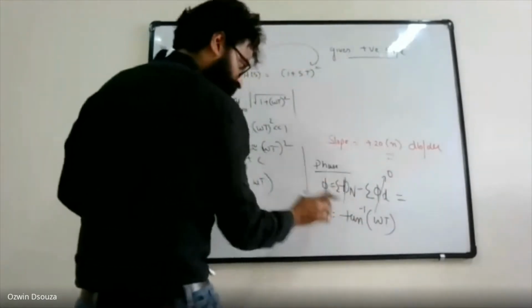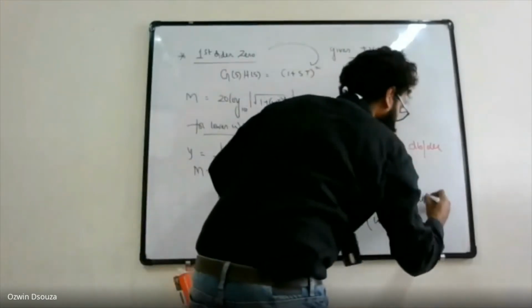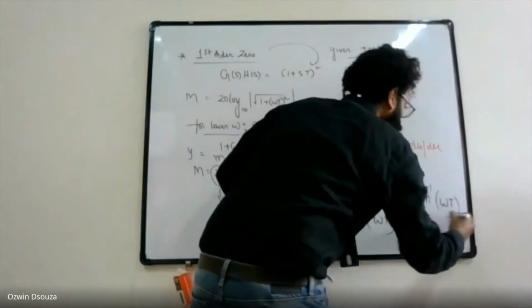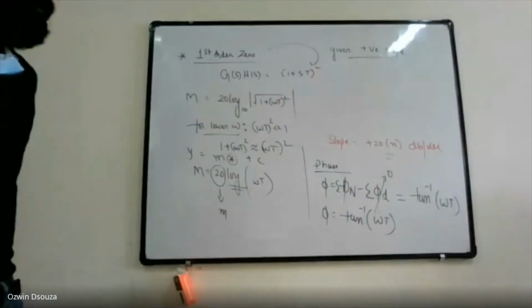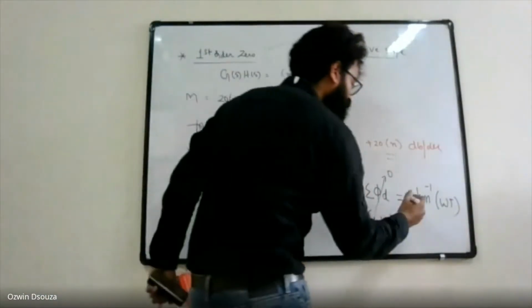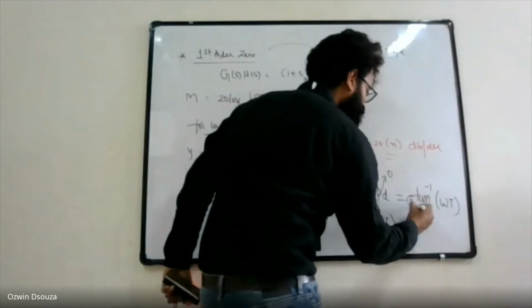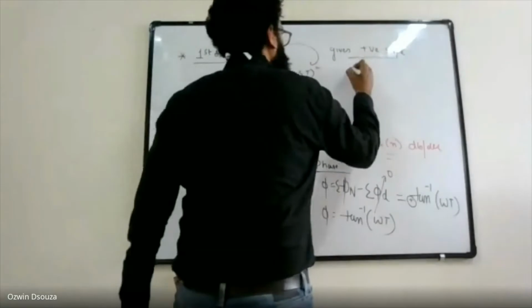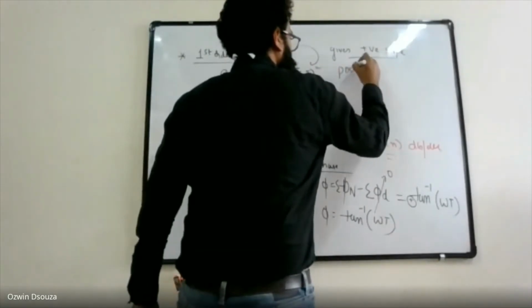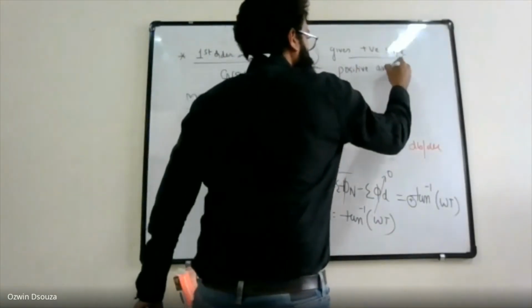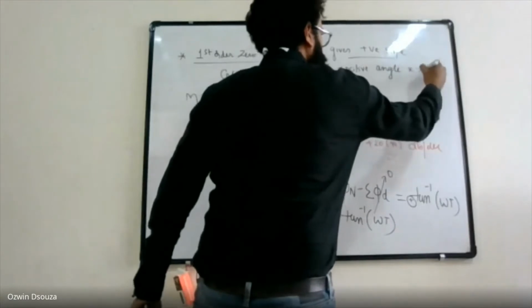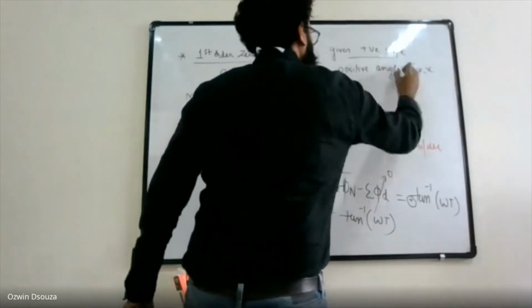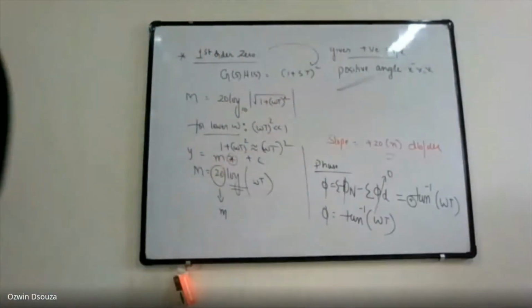So your angle phi is simply tan inverse of omega t. As you can clearly observe, angle phi now has a positive sign. So first order zero gives a positive angle, and trust me, this is all you need to understand Bode plots.